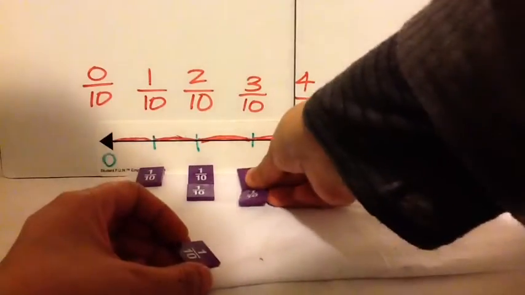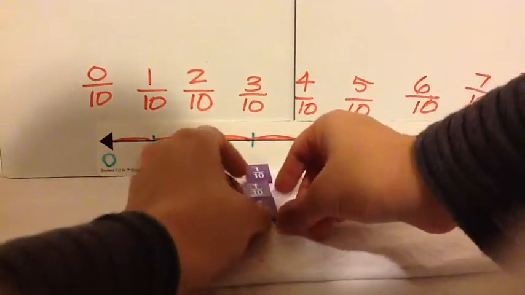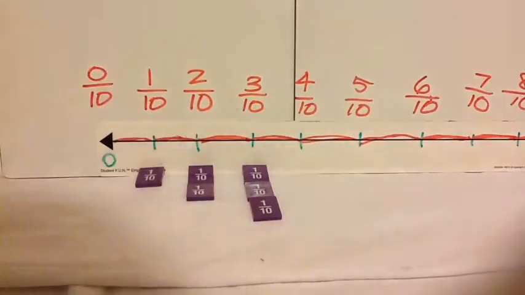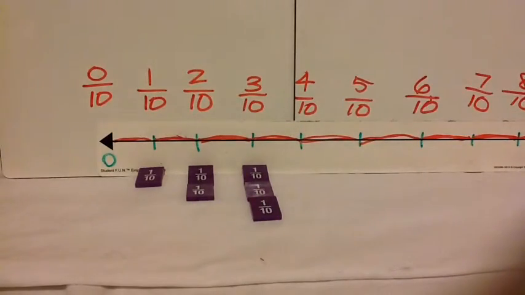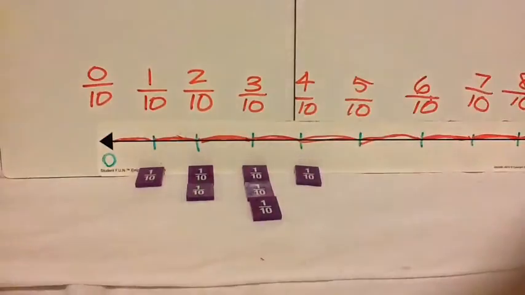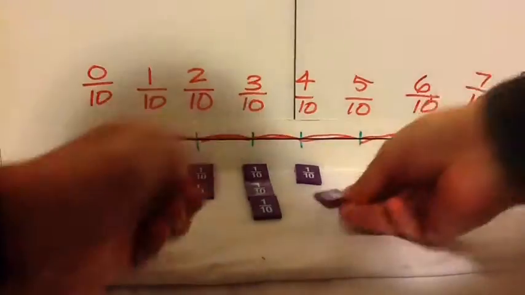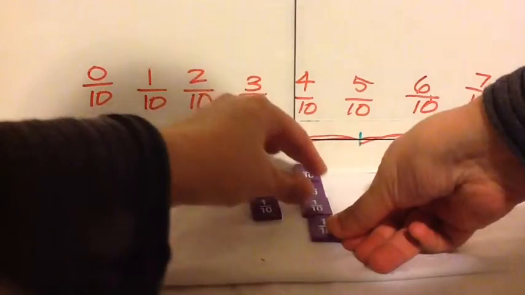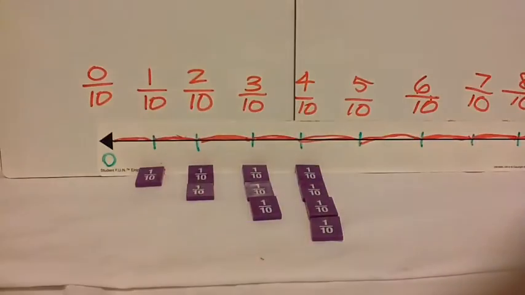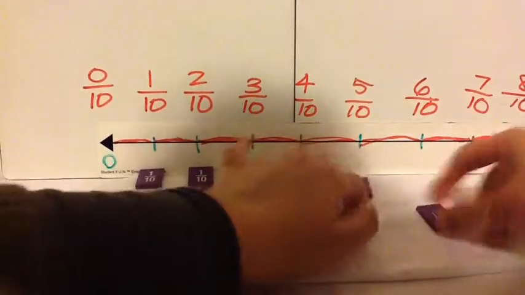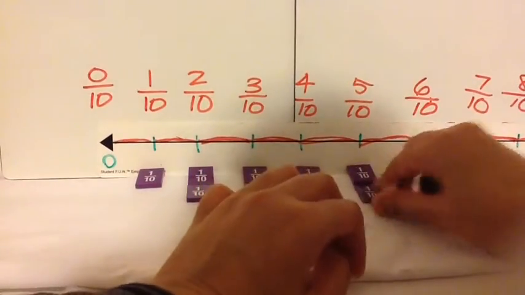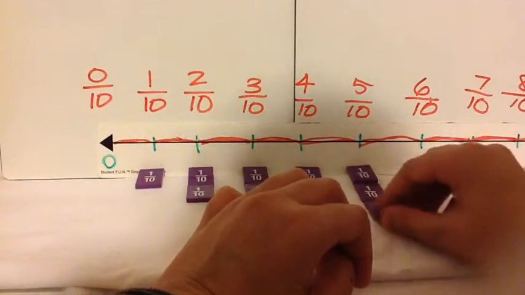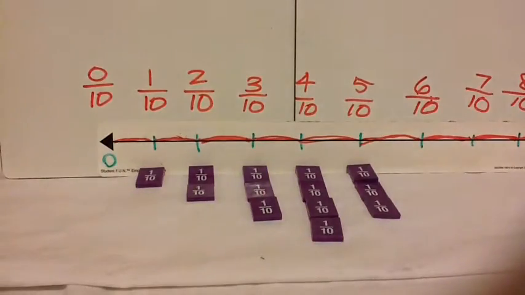In this next one, I have 3/10. In this next one, I have 4/10. And then keep going. I'm actually not going to be able to do all the way, because I don't have enough tenths.